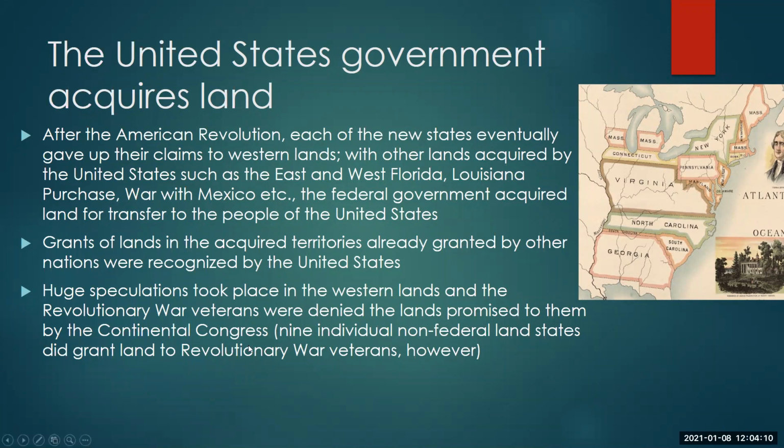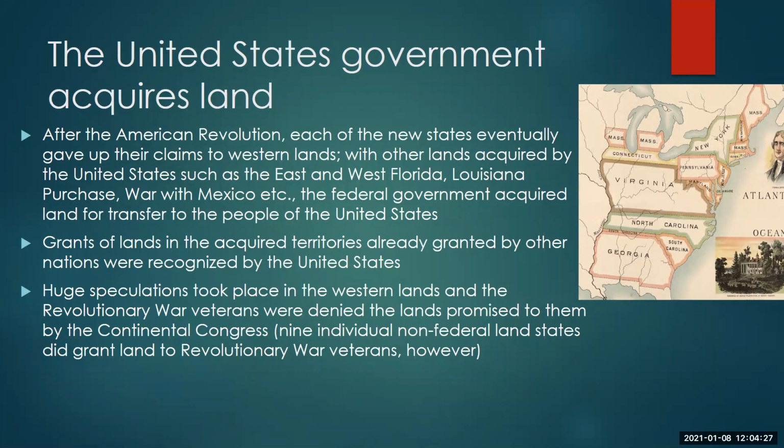And Congress was so desperate to sell the land to the land speculators that Congress never fulfilled to the Continental soldiers Congress's promises of giving them land for their Revolutionary War service.